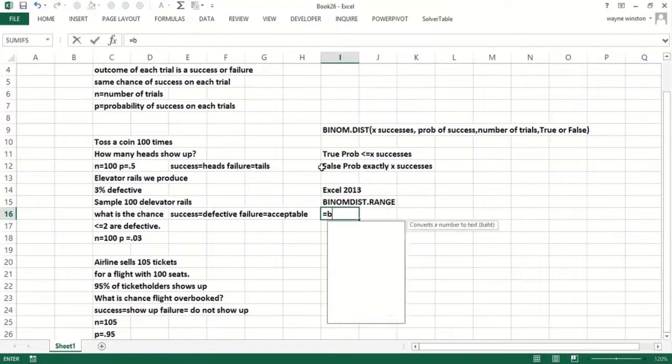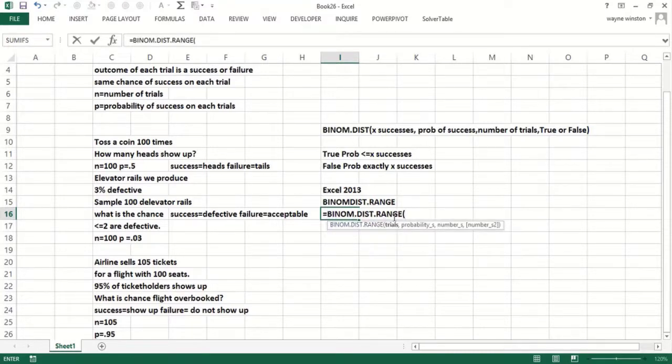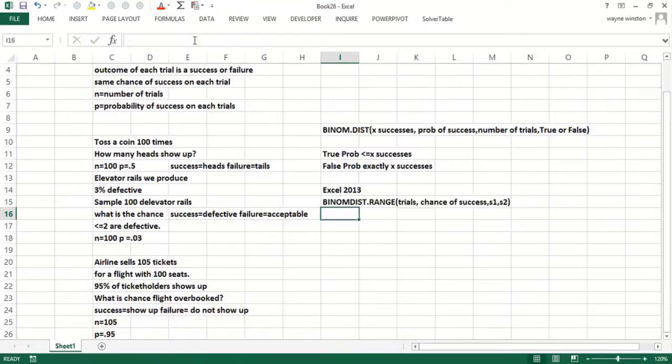And again, the syntax: you give me the number of trials, the probability of success, and then you have S1 and S2. That's the chance of between S1 and S2 successes.